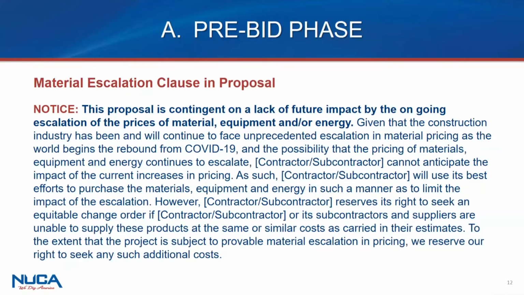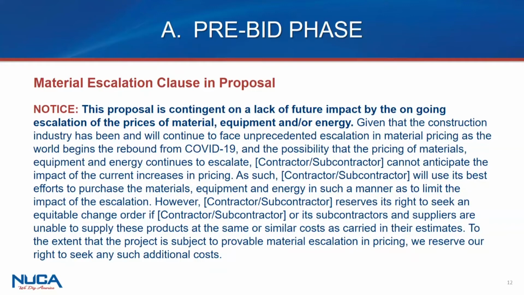Now, it could be COVID. This one is particular to COVID-19, but whatever the unforeseen occurrence is, if it's a supply chain issue and you're starting to feel that, you've got to have out there that, listen, if this happens to me, I'm going to be coming back and I'm going to be asking for additional money. This puts them on notice. It'll satisfy your contract issues of that.